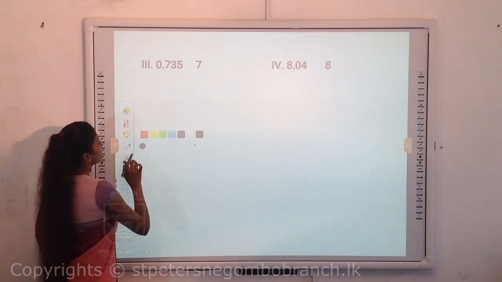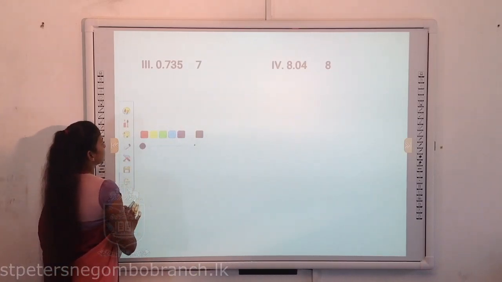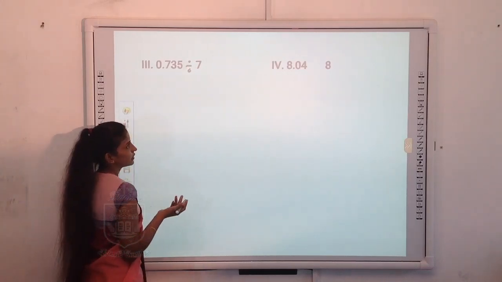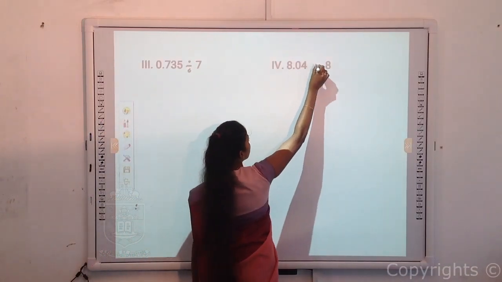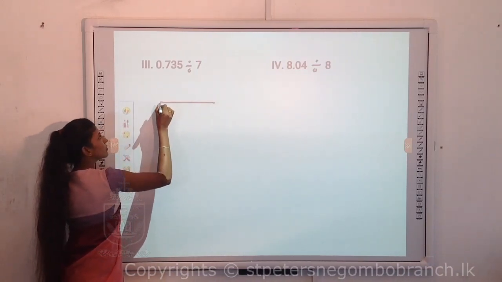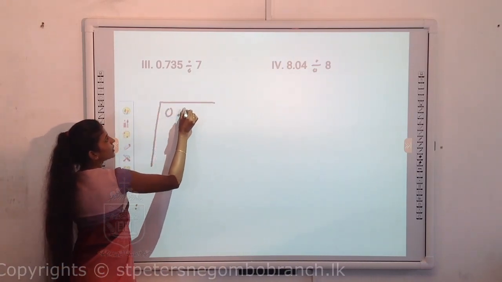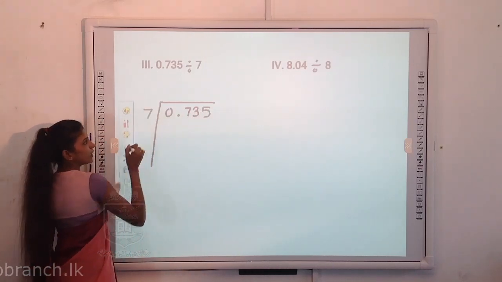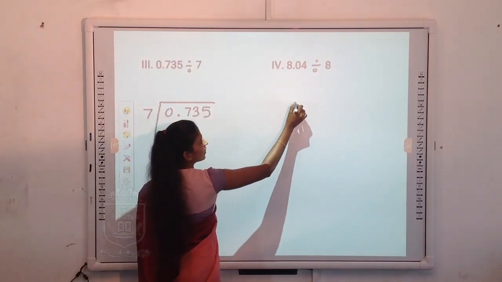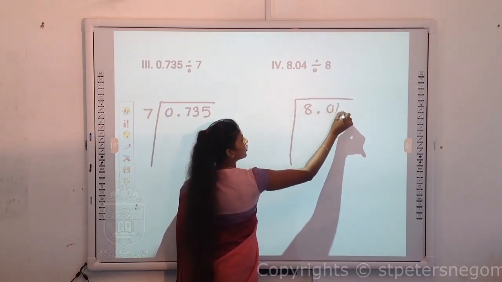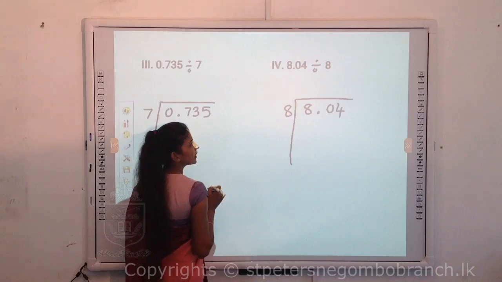Right. Here also some division part. You have a decimal and a whole number. So let's divide it. 0.75735 divided by 7. Here you have 8.04 divided by 8.